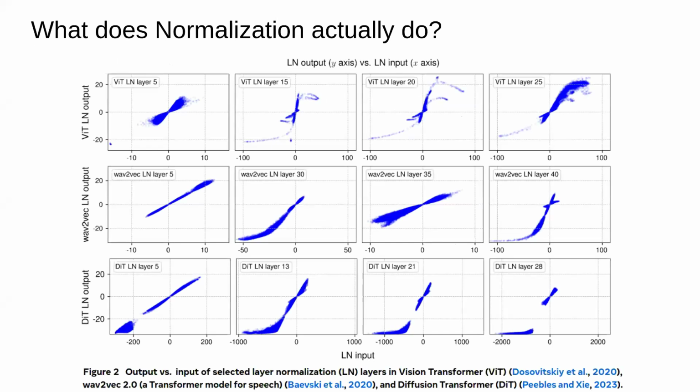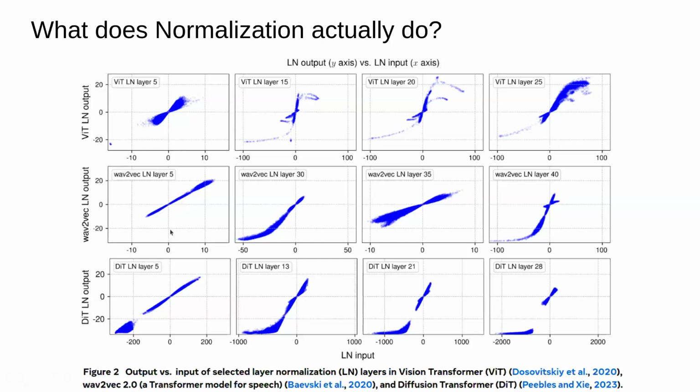So what they did here is they took different transformer architectures. So you have a vision transformer, a wav2vec, so like a speech transformer, and then a diffusion transformer. And what they did is at different layers, they looked at the normalization, like they plotted the input against the output, right?